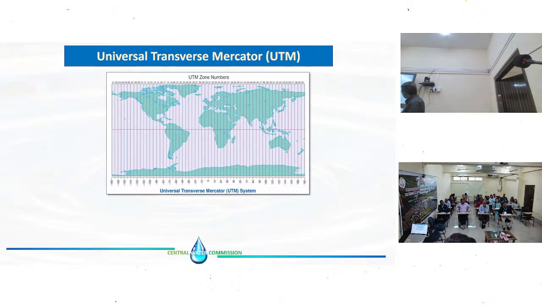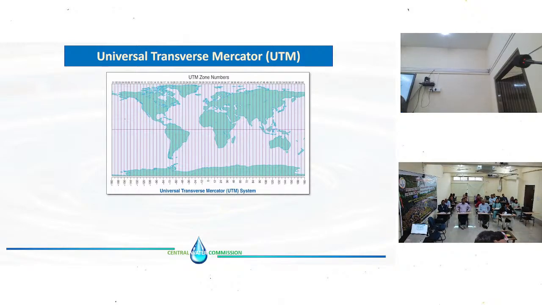Now here the distortion is minimal along this longitude, and somewhat distorted elsewhere, but still within some range. And then you turn your earth 6 degrees again, and you again project it. Then by 360 by 6, you will get 60 zones. You have these 60 zones in the north and 60 zones in the south.